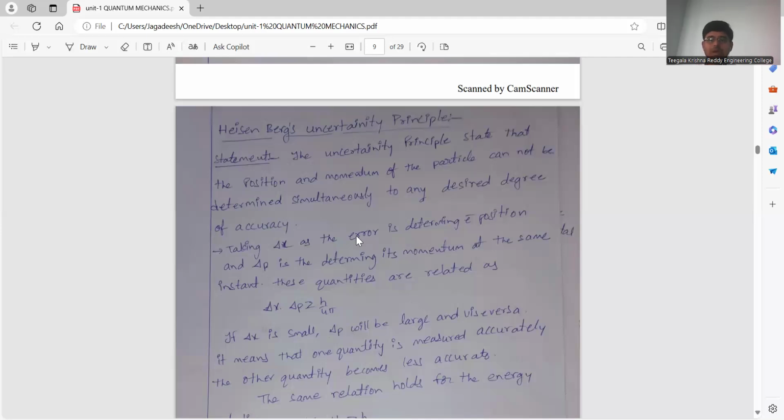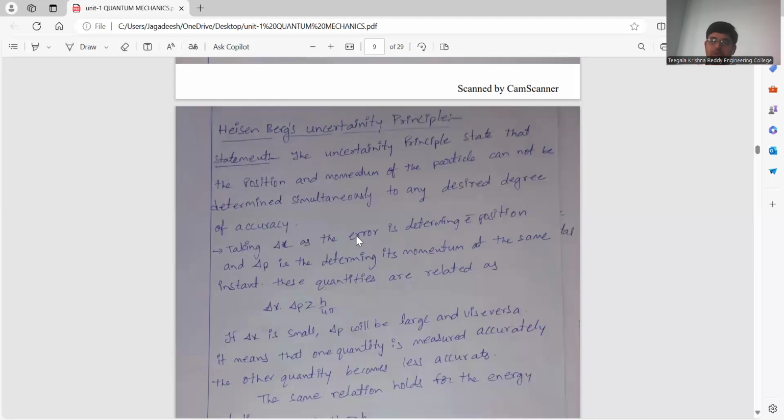Suppose we determine the momentum or velocity of the particle, we cannot determine exactly the position. That is the statement of the Heisenberg uncertainty principle.